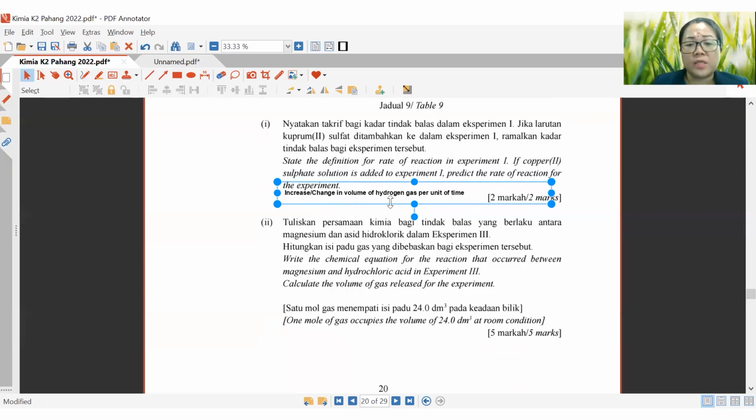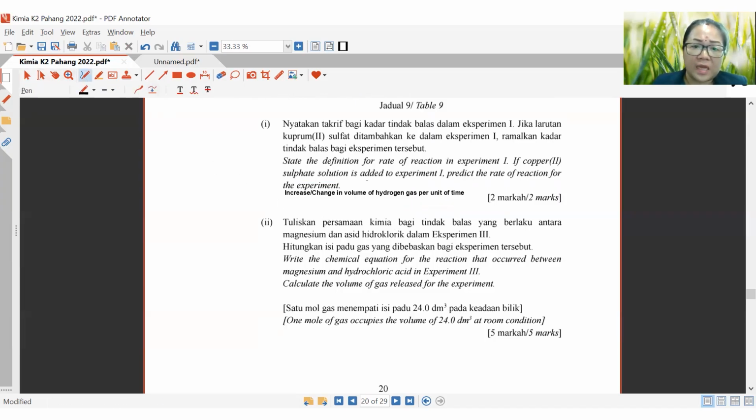Increase or change in volume of hydrogen gas per unit of time. And then the next thing is, when it happens like that, the rate of reaction will definitely increase because we have added catalyst in. The catalyst for this reaction is copper 2 sulfate solution. So the rate of reaction will increase. Now that's for point 2.